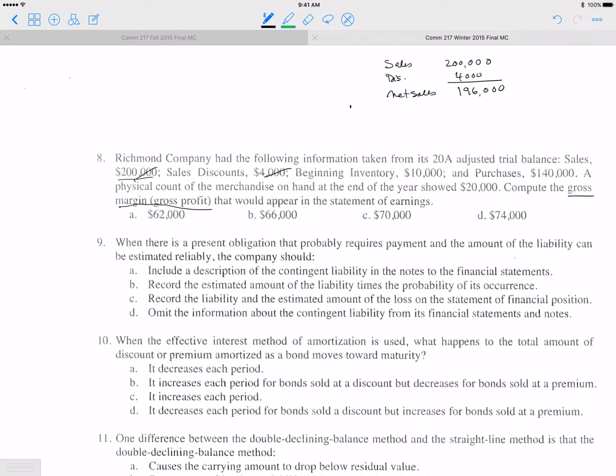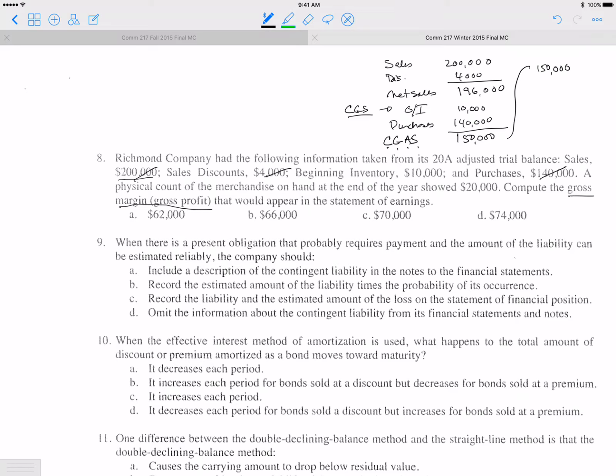Then it's my cost of goods sold. To compute that, I need my opening inventory, which is $10,000, and my purchases, which is $140,000. The sum of these two numbers gives you the cost of goods available for sale, $150,000.